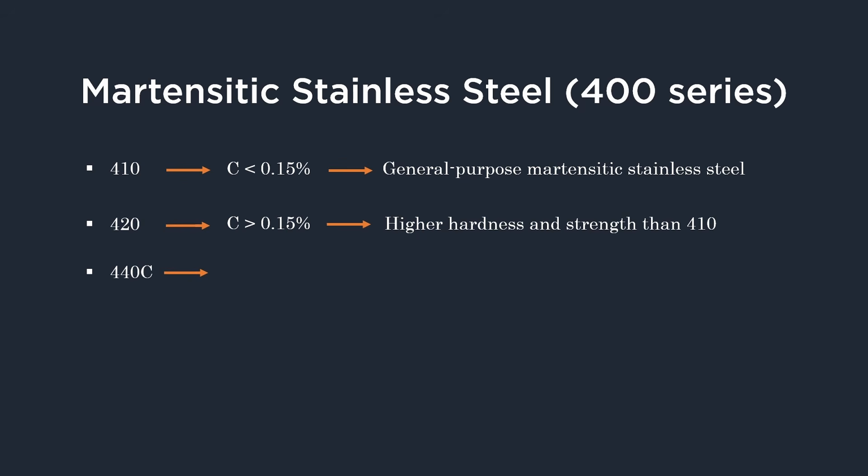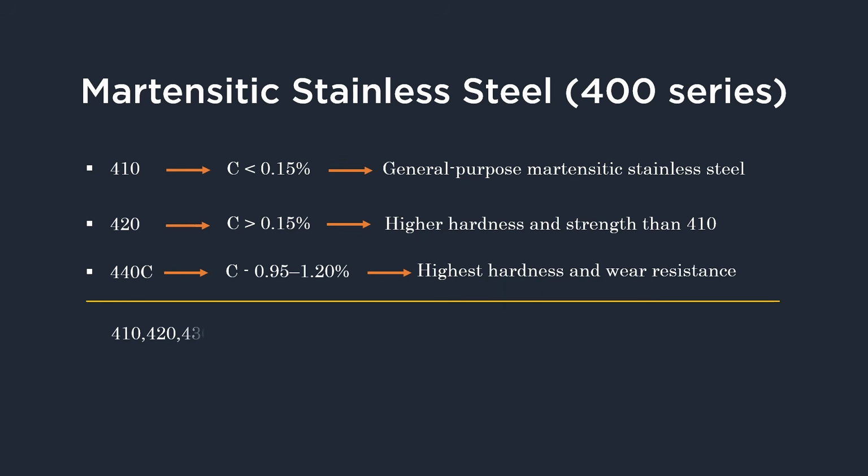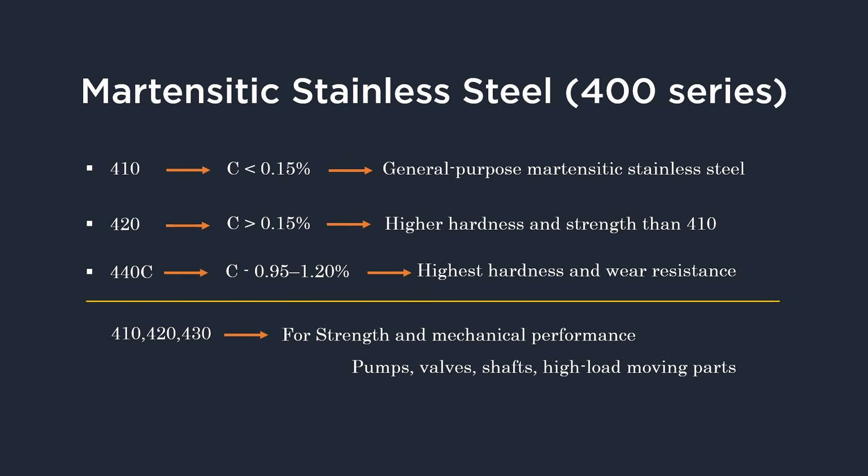And then 440C, very high carbon from 0.95 to 1.20%, so this can achieve higher hardness and wear resistance. 410, 420, 431 are mostly used where strength and mechanical performance are needed, like in pumps, valves, shafts, high load moving parts. But 440C is mainly chosen where wear resistance and edge retention are required.